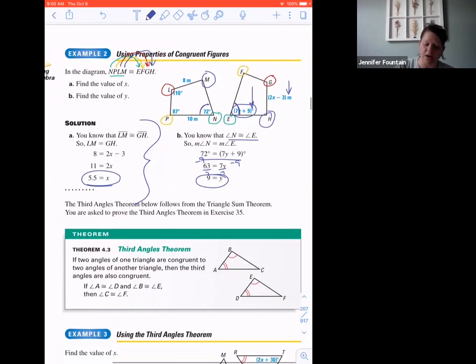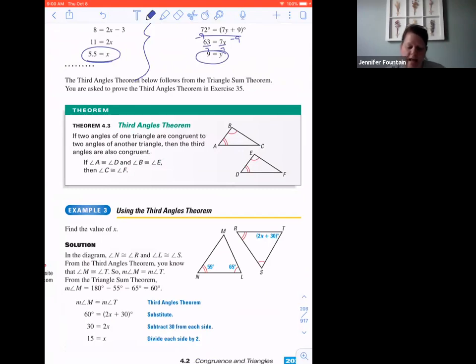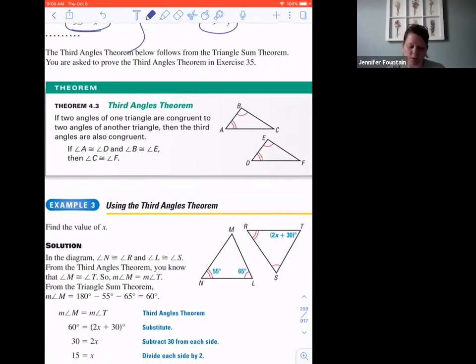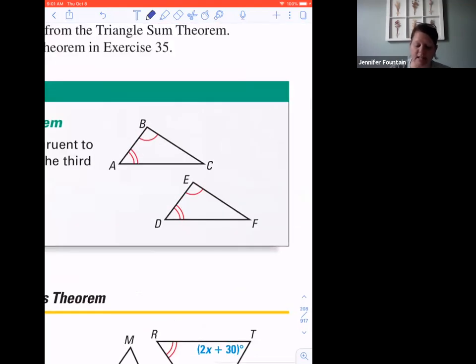All right, our next theorem. It says the third angles theorem below follows the triangle sum theorem. Okay, so here the third angles theorem says if two angles of one triangle are congruent to two angles of the other triangle, then the third angles are going to be congruent as well. So in this picture, we can see that they've told us that B and E are congruent and that A and D are congruent.